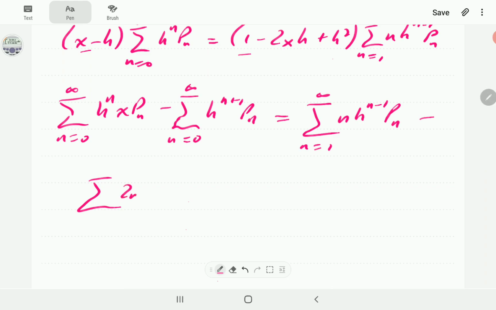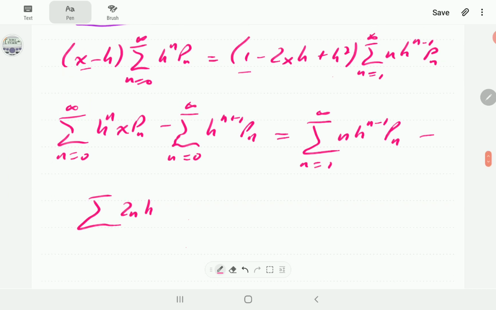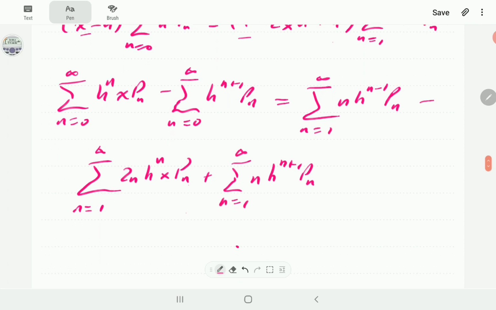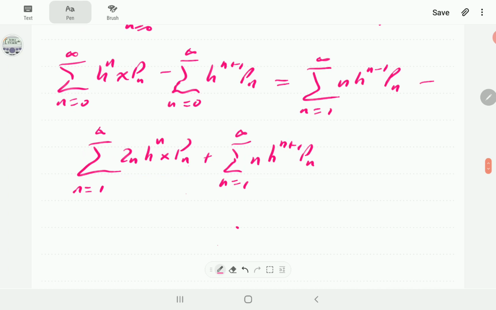So we're going to have 2x h, the power is now going to be n, then p_n, and it goes from 1 to infinity. Then the last term, multiplying h squared into the summation, we're going to have h to the power n plus 1 now, p_n, and it sums from 1 to infinity.